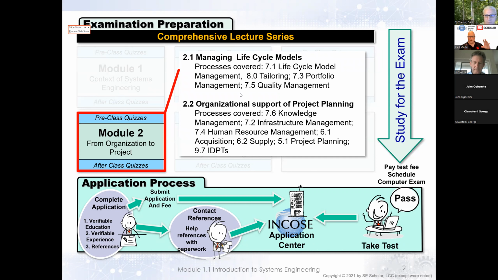The first part of the module, about two 1-hour videos, covered life cycle model tailoring, which also covered a lot of the system engineering domains out there, portfolio management and quality management. Then the second part covered knowledge management, information structure, human resources. And then we went into acquisition before we ended up with project planning.